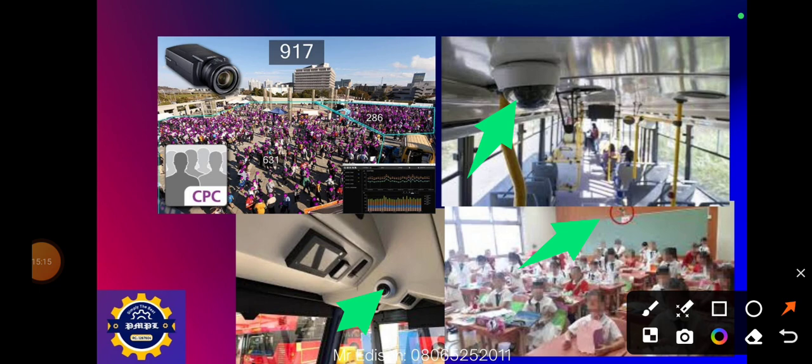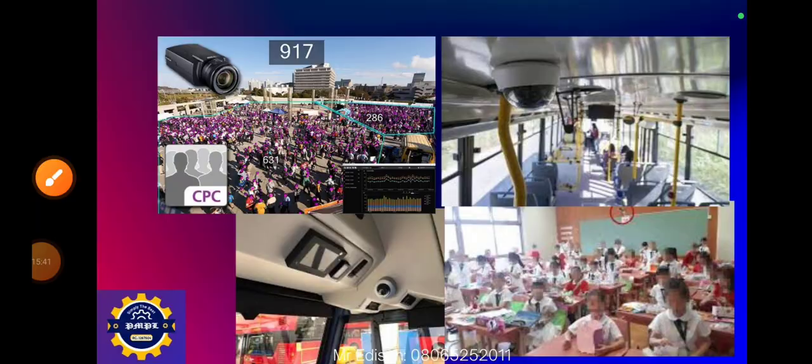This one is the camera, though this picture is not too clear. At the time of producing this video, I actually forgot to snap some of the work I did so that I can show us. So this one is installed here so that it will monitor the activities of criminals.